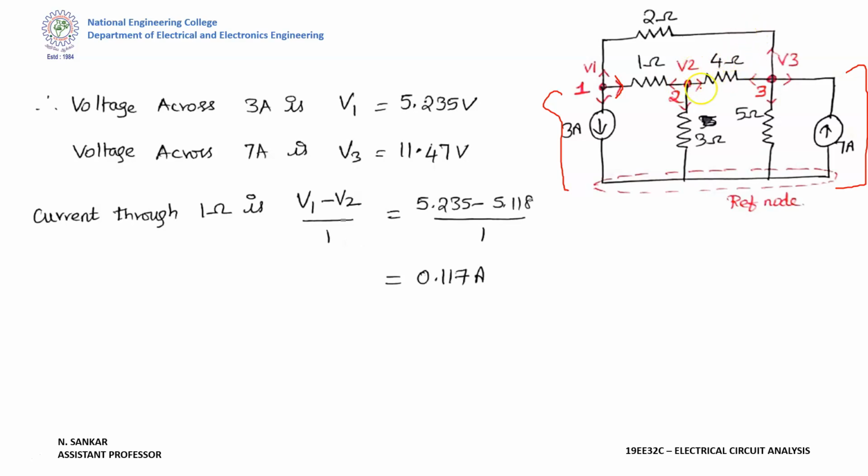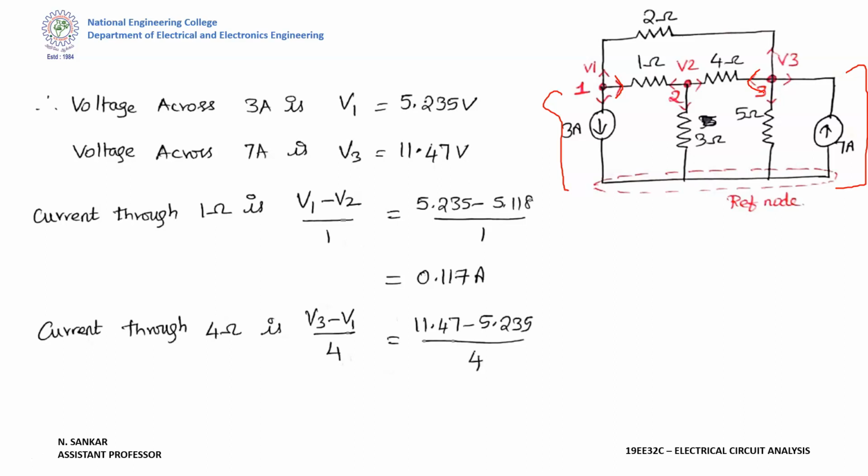Similarly, for 4 ohm. Okay, here if you note the voltages, V3 is greater than V2. So then you have to take the current in this direction, from higher potential to lower potential. That's why the formula is V3 minus V1 divided by 4.